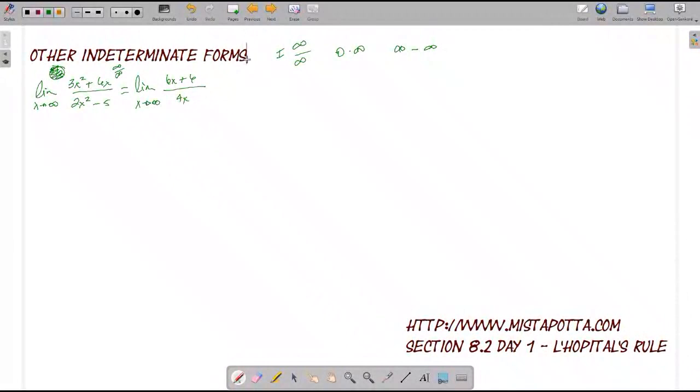And this still gives me an indeterminate form, but we learned in our last lesson one of the properties of L'Hopital's rule, that if I end up with an indeterminate form, I can just apply it again.